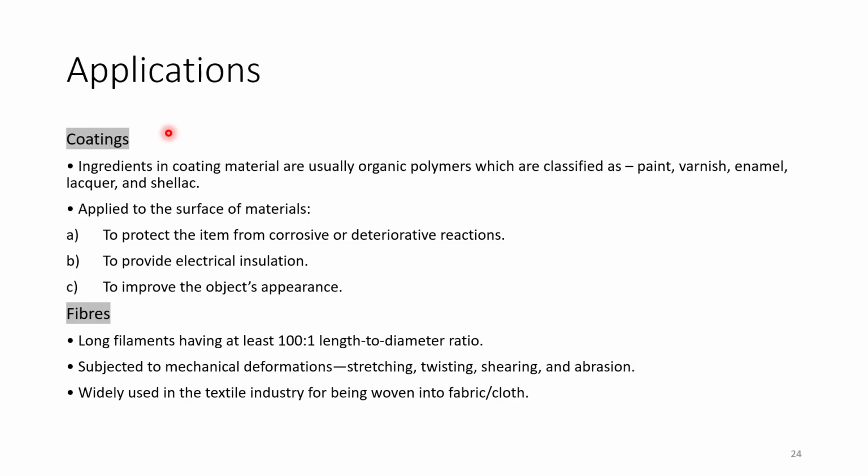And when they are in fiber state, long filaments having at least 100 to 1 length to diameter ratio, it is known as fiber, and it is subjected to mechanical deformations such as stretching, twisting, shearing, and abrasion, and this is widely known in the textile industry for being woven into fabric or cloth.